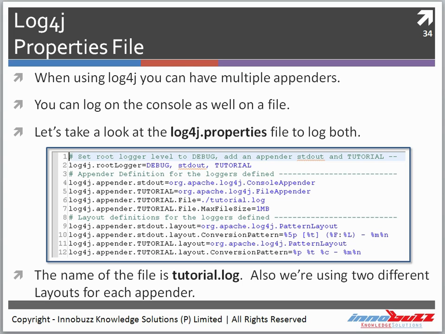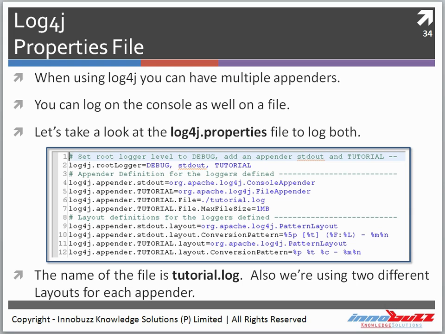Take a look at the properties file proposed. On line 2, a new appender was defined. It's the standard out appender. Then, on line 4, we have defined the standard out as a console appender and the tutorial as a file appender.